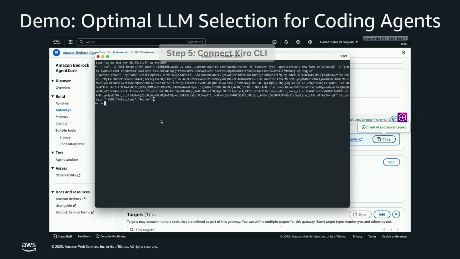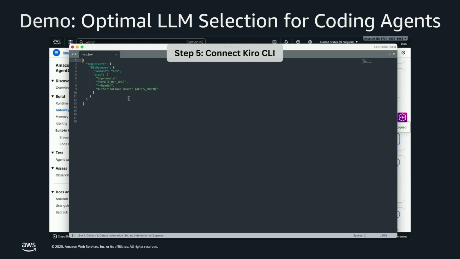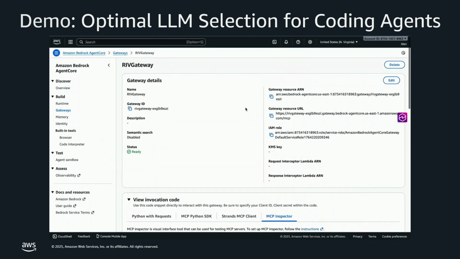When you're setting up Kiro CLI, like most MCP clients, you have an MCP JSON file that you edit. This is what the MCP server JSON file looks like. I've already pasted a stub to make it easy to insert the gateway. All we need now is the MCP URL and the access token. This is where you get the gateway MCP URL.